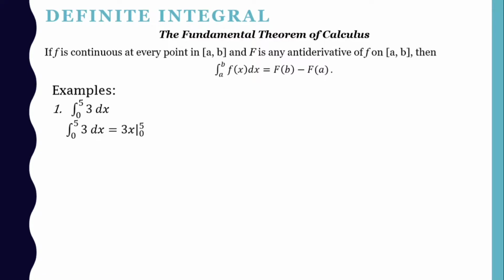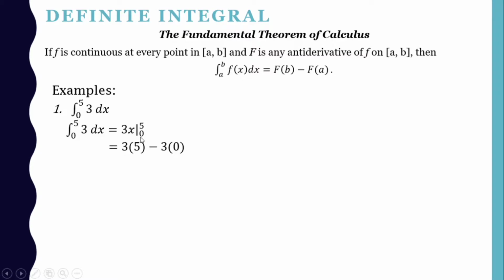So, we have the integral of 3 dx is 3x, using the constant rule. This time, since this is a definite integral, we don't need to put plus c anymore. So omit the plus c for definite integrals. You only use the plus c for indefinite integrals. So that's 3x from 0 to 5, meaning we substitute 5 first, minus we substitute 0.